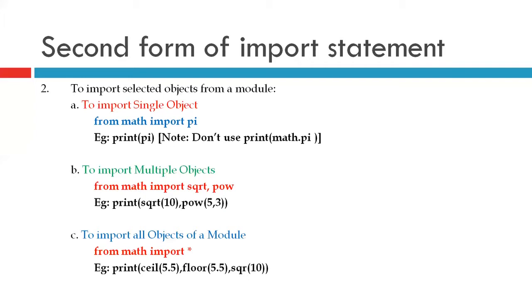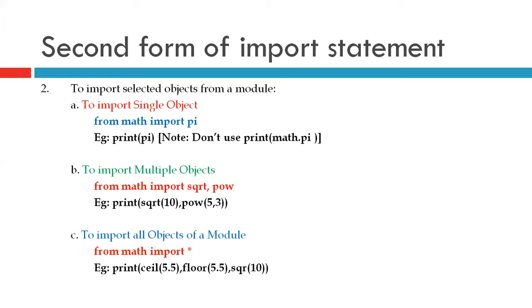If I am going to use only one single object from math, what are you going to import? Import a particular object. The object name is pi. Again, I repeat, my intention is to use only one selected object from the particular module, namely math.